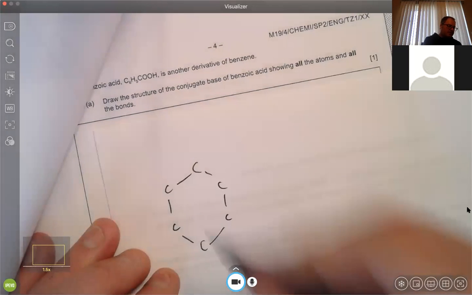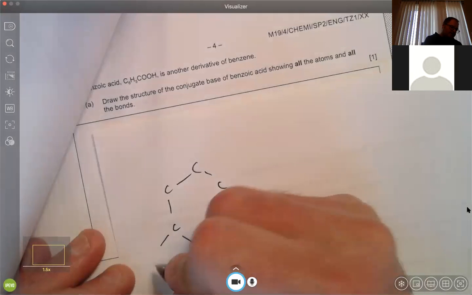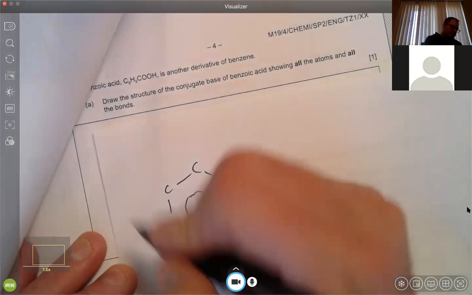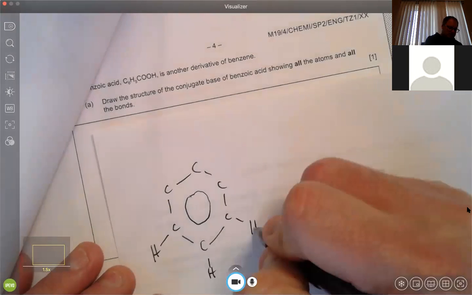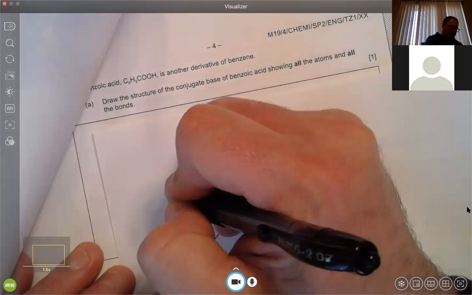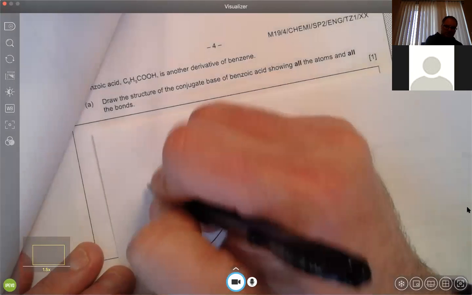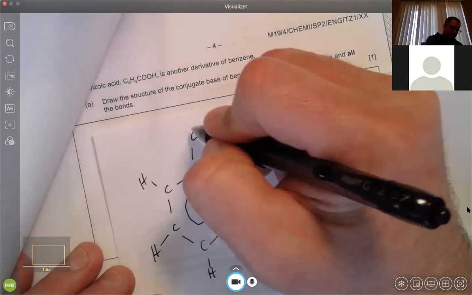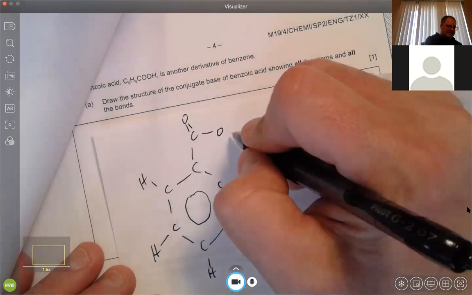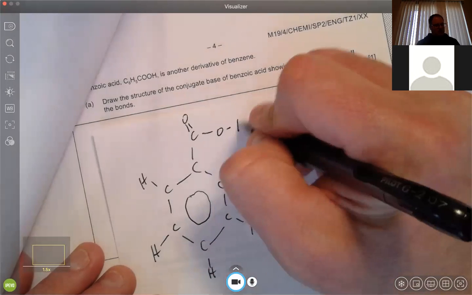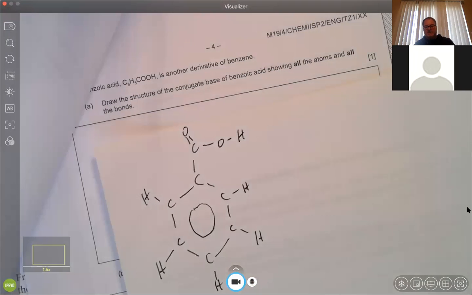Then we have that. Localized electrons in there, and each one of these gets an 8, except for the top one, which gets a 2. Double bonded O. And normally for the benzoic acid it would be that, but since it wants the conjugate base, as it acts as an acid, remember acids are proton donors.